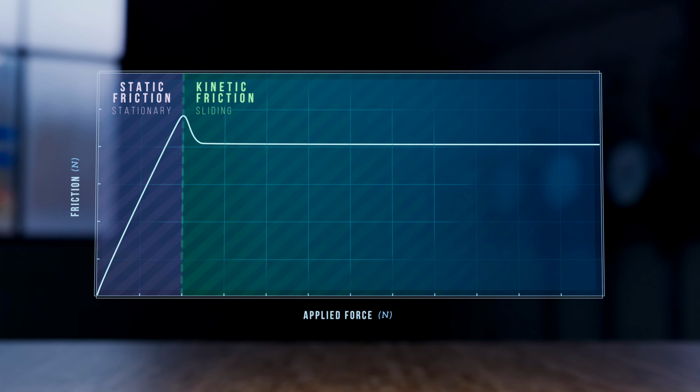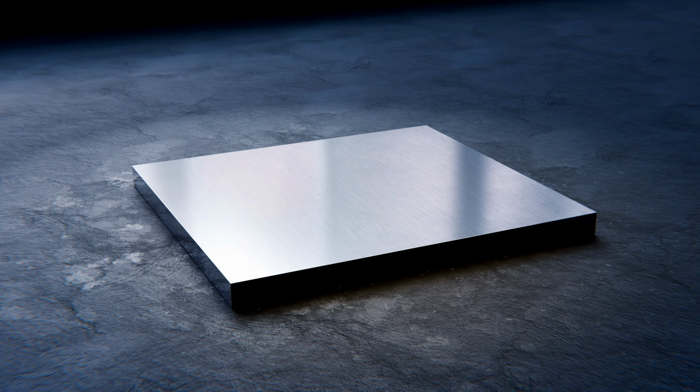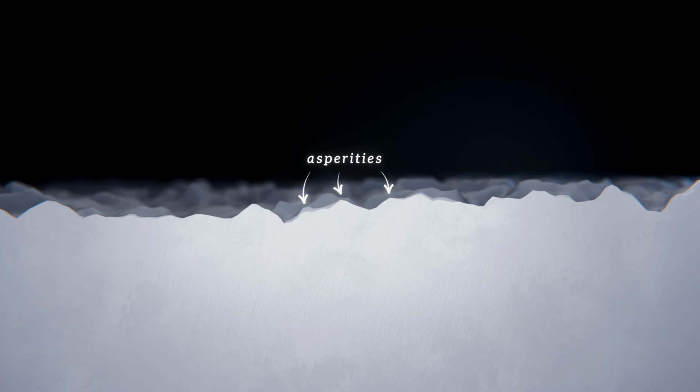So what causes this resistive force between the two surfaces? It turns out friction is the result of some quite complex interactions that occur at the microscopic level. Even the most smooth-seeming surface, if you zoom in close enough, is covered in microscopic peaks and valleys, called asperities. When two surfaces are brought together, it's these asperities that make the first points of contact.